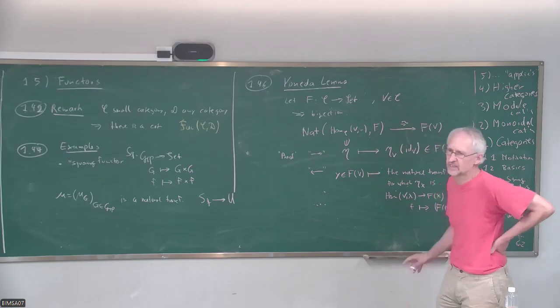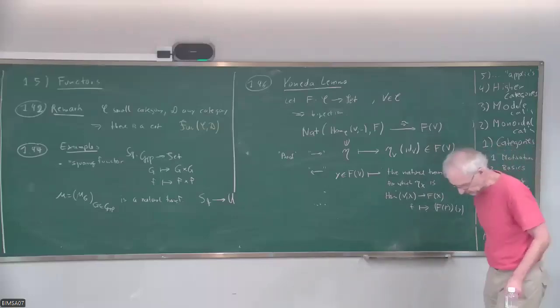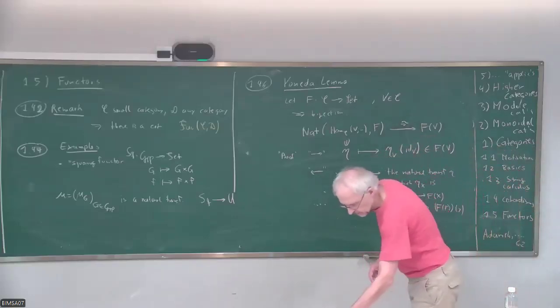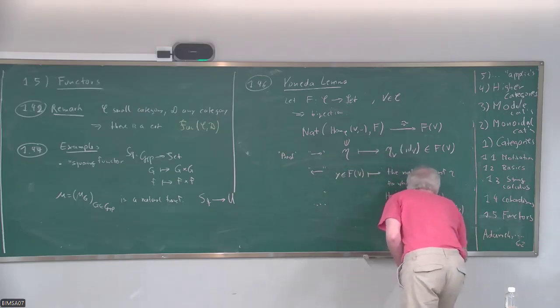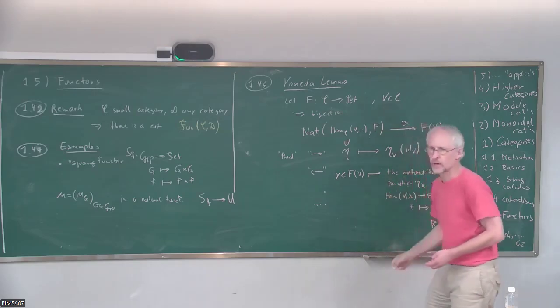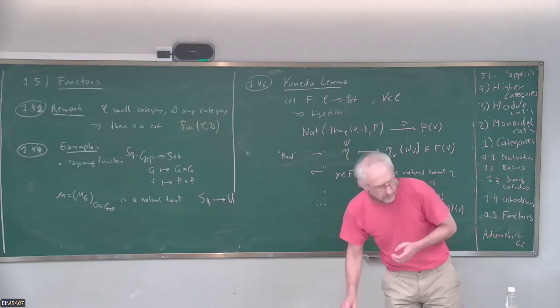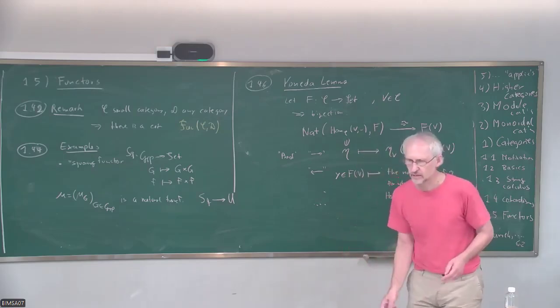But I haven't defined that, so this is one of the things I will not go into. For more details, there's the book by Riehl. I think I have mentioned this on the website. It's called something with categorical.